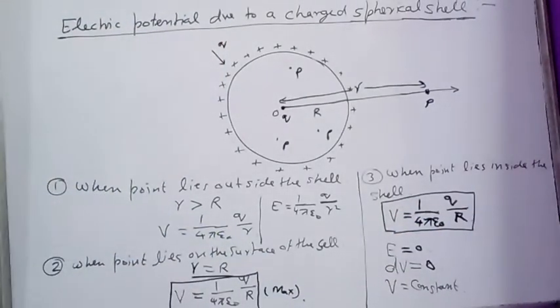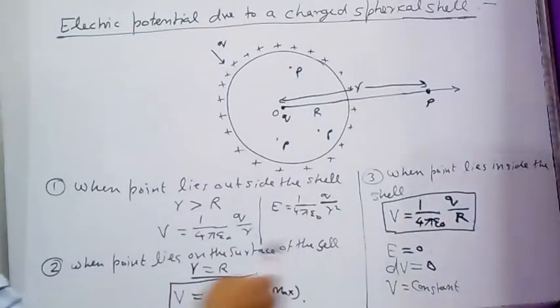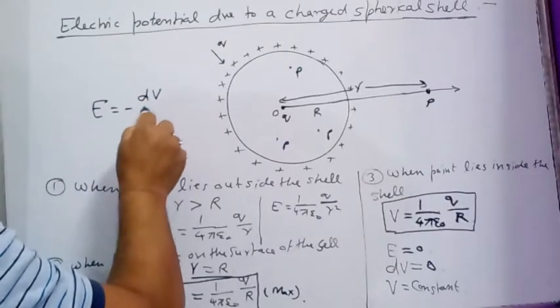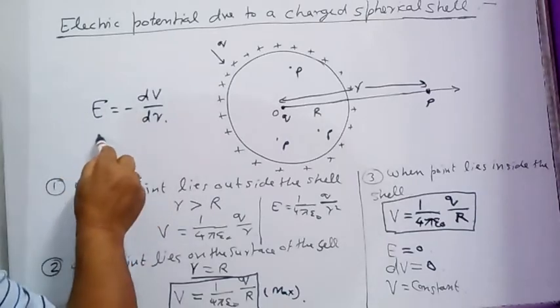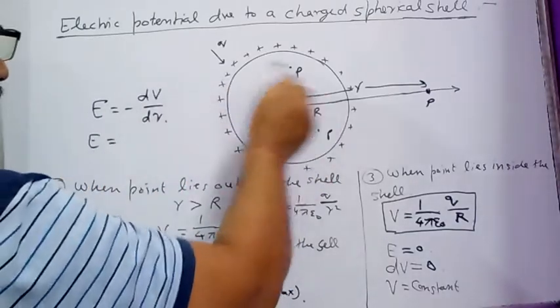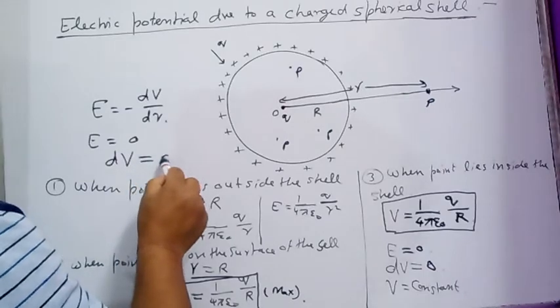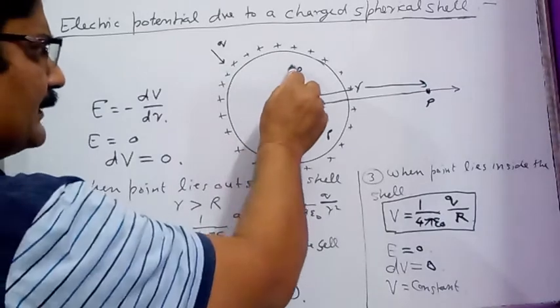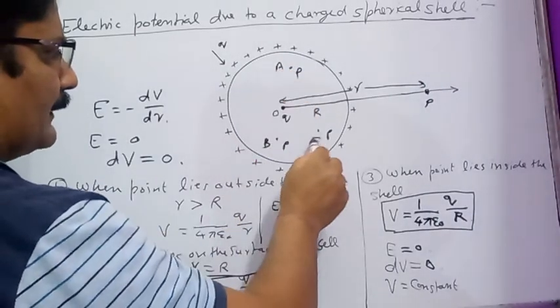You have seen in the last topic of the previous video relation between electric field and potential difference, E equals minus dV by dr. If E in the region inside the cell is 0, what going to be the value of dV? dV equals 0. It means there is going to be no potential difference between any two points inside the spherical cell.